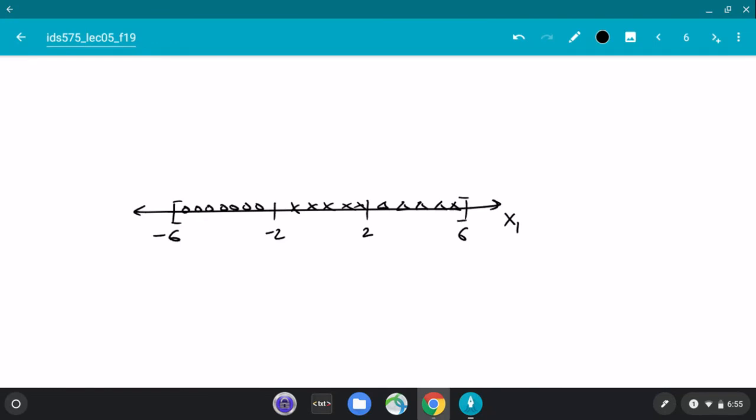It's just an n-length data set where the y1 coordinate will be 1 only for the points between -6 and -2. In other words, the data is just y versus x1. It's a one-dimensional problem. So it'll be something like this, where there'll be zeros here.